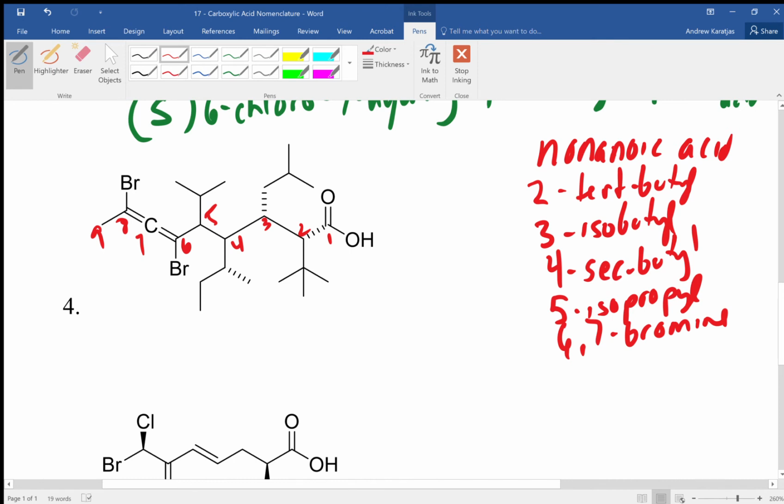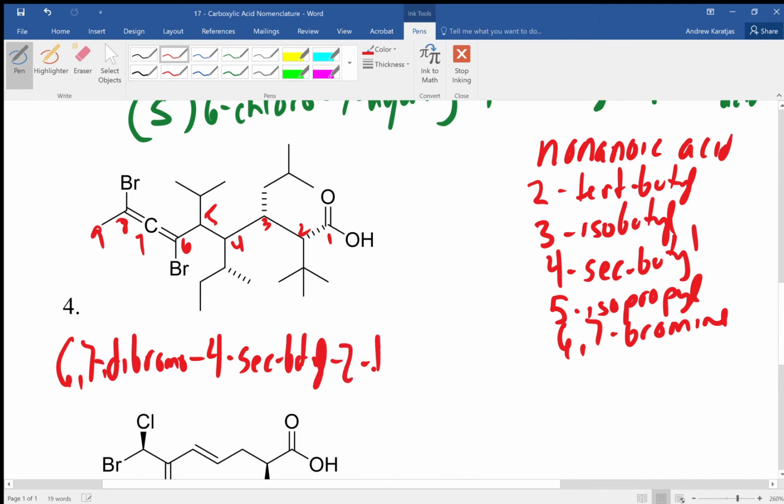So we can put those in alphabetical order. 6,7-dibromo, 4-sec-butyl, 2-tert-butyl.